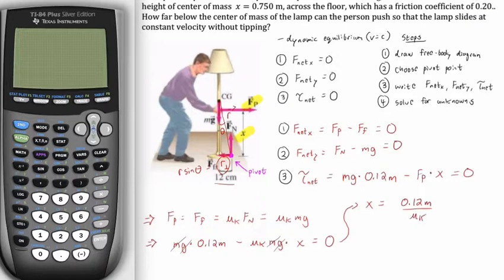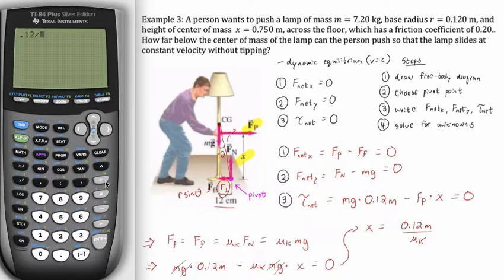All right, so let's do that over here. 0.12 divided by our friction coefficient, which was 0.2, as you can see if you look up here. Our friction coefficient is 0.2. So divided by 0.2, we get a height of 60 centimeters. All right. Excellent.